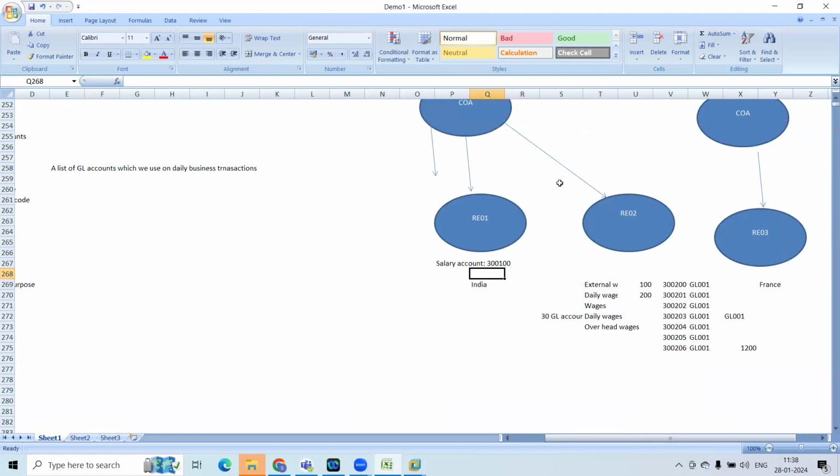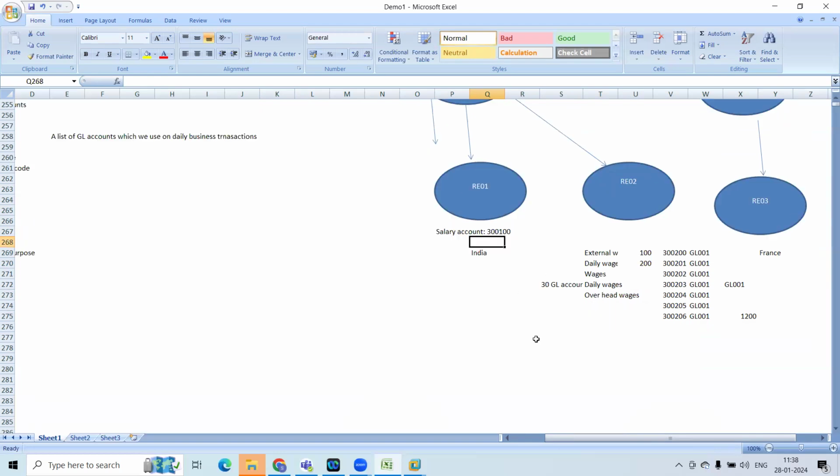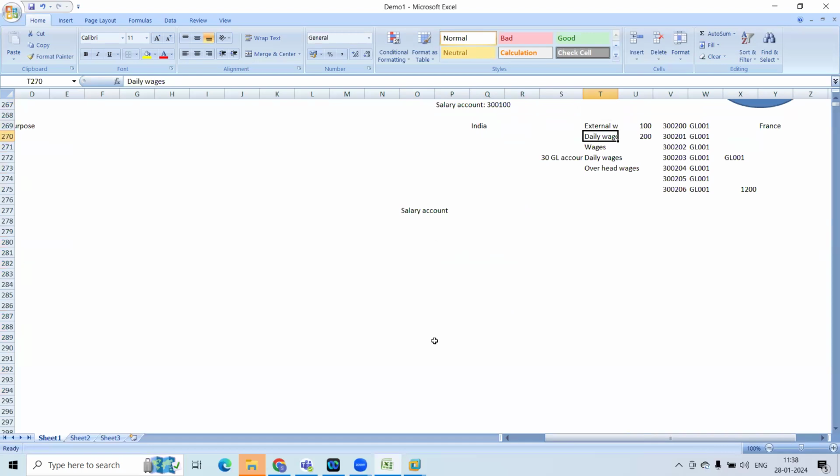If you generate your financial statements and in the profit and loss account you put the salary account, that is fine, only one GL account is there. But if you want to put all these GL accounts in your profit and loss account, then reading that profit and loss account will take more time.